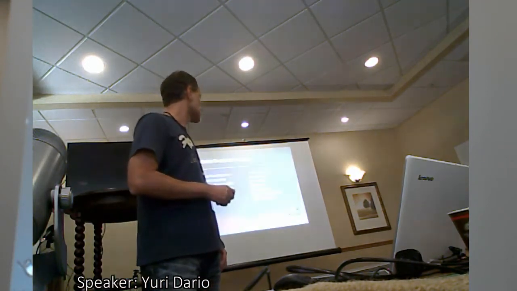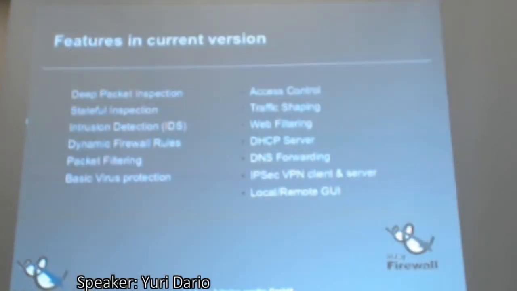The current version of InJoy Firewall is doing a lot of stuff. Basically, these are the functions regarding only the firewall control, and here are the more advanced functions. As a firewall, you can have deep packet inspection, you can have stateful inspection, you can check for intrusion, so you can see if someone is using your FTP server with wrong passwords and so on.